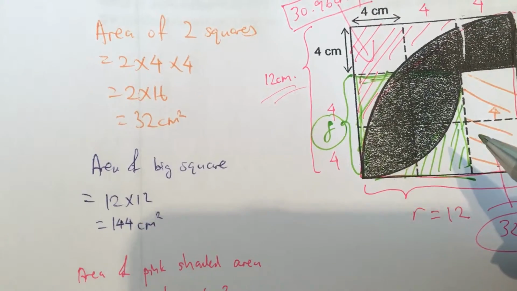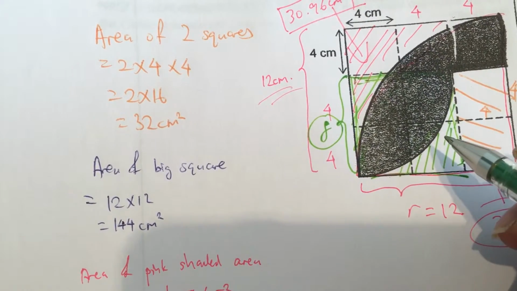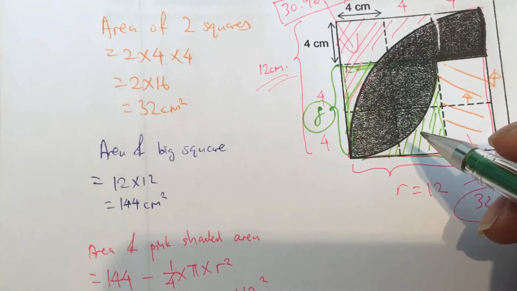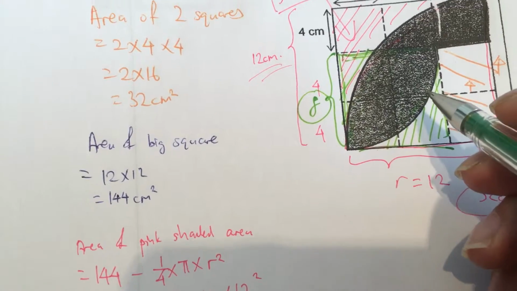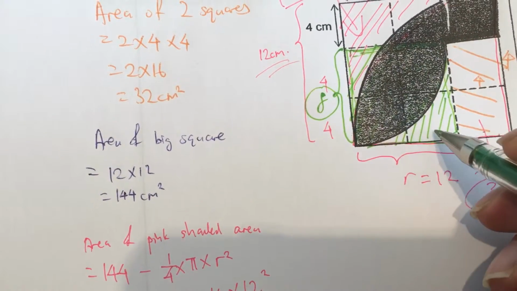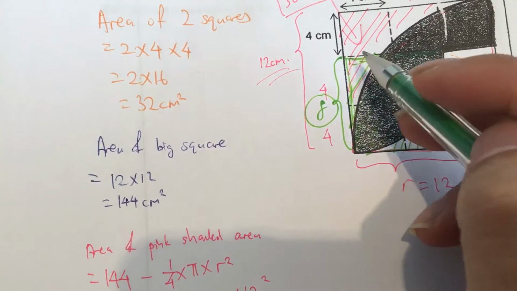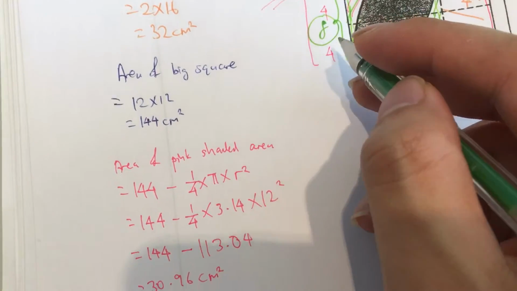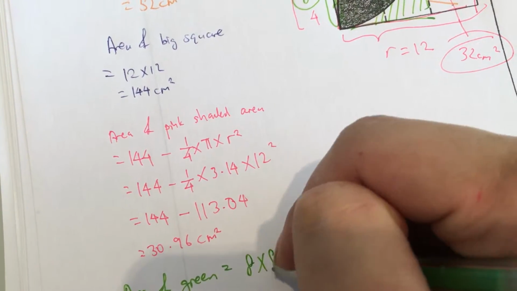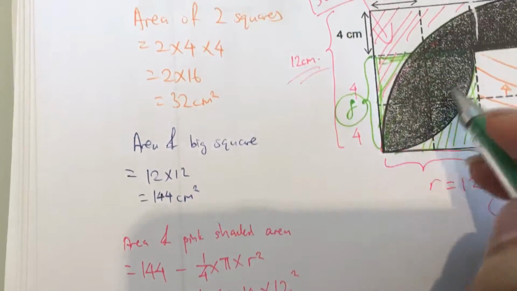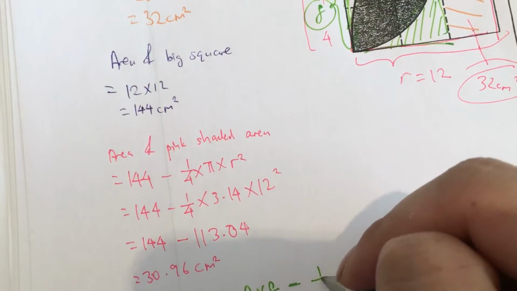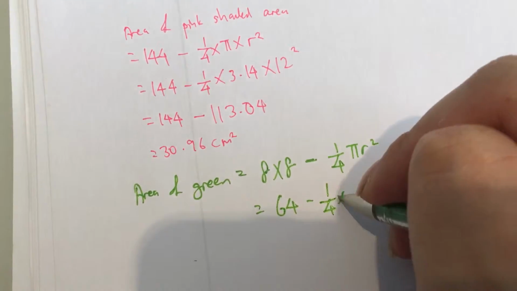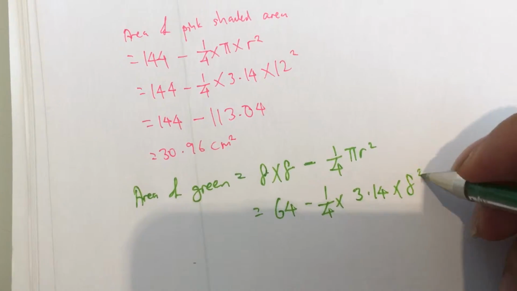Let's slow down because I think I'm going a bit too fast. A lot of times, as adults, when we know our work, we tend to go a bit fast, so the listeners get confused and eventually get lost. So to find the green shaded area, I take the big square, which has a side of 8 cm. So 8 times 8, the big square, minus the quadrant, which is a quarter pi r square again, which is 64 minus a quarter times pi times 8 square.